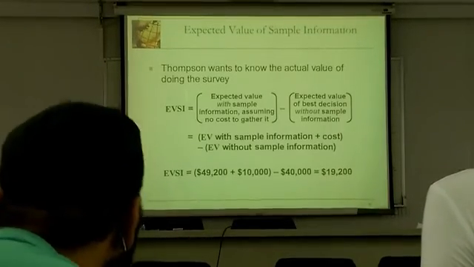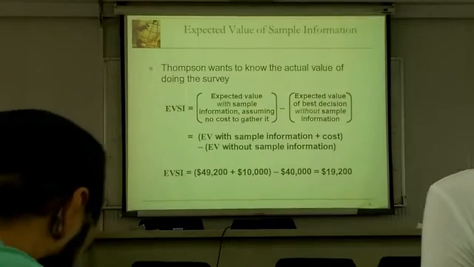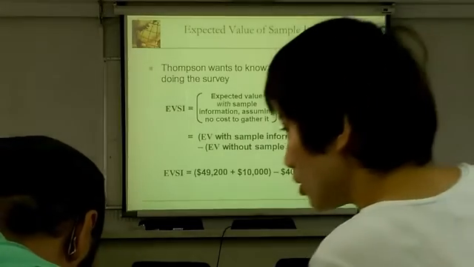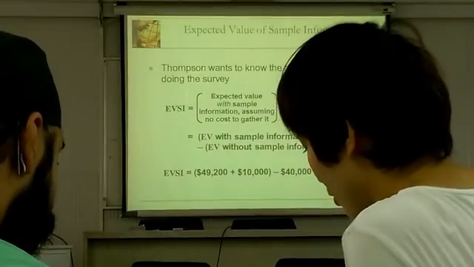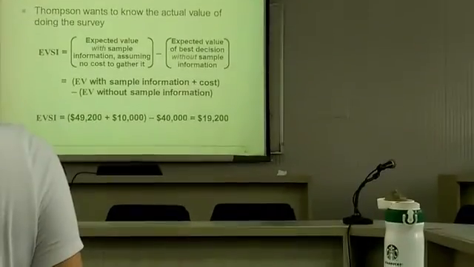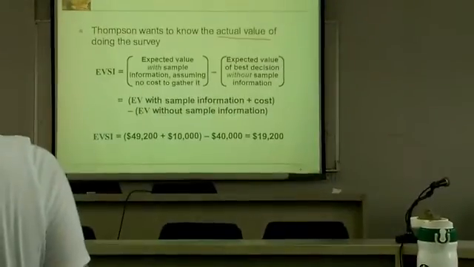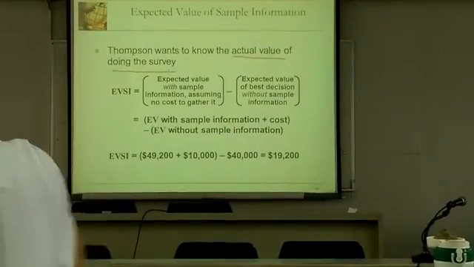So before we get to that, there's one more expected value that we have to compute. This one is called expected value of sample information. It's just like when you do the EVPI, same thing.